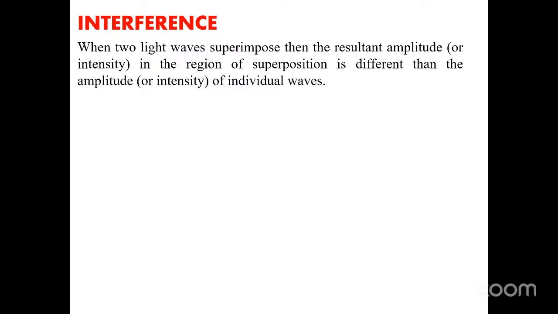Next is interference. When two light waves superimpose, the resultant amplitude, and the square of the amplitude, which is nothing but intensity, in the region of superposition is different from the amplitude or the intensity of the individual waves.